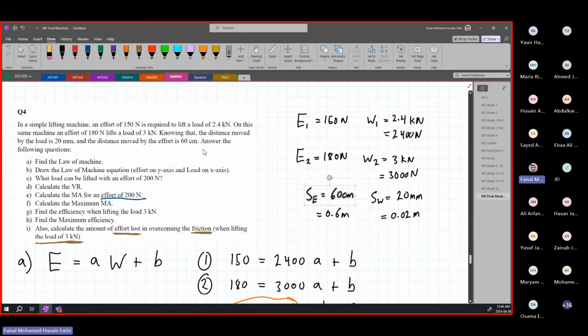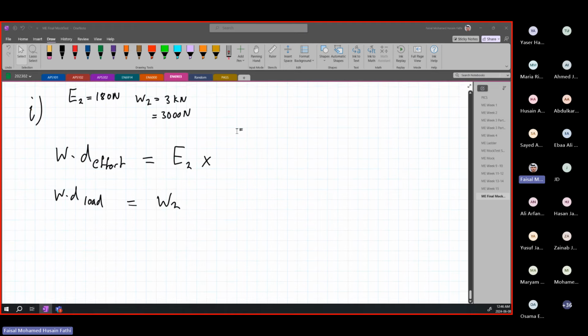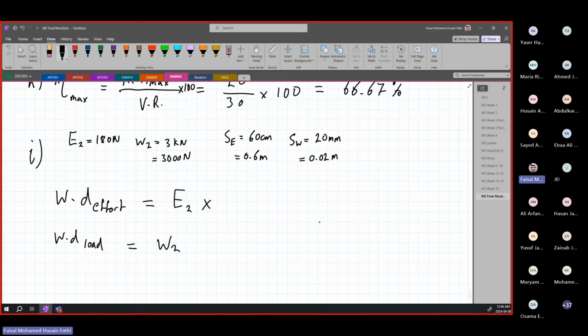The distance moved by the load is 20 millimeters. So for the load it is SW, and for the effort it is SE. But just make sure that you are converting them into meters, so keep it in SI units. So this is going to be E2 times SE, and W2 times SW.